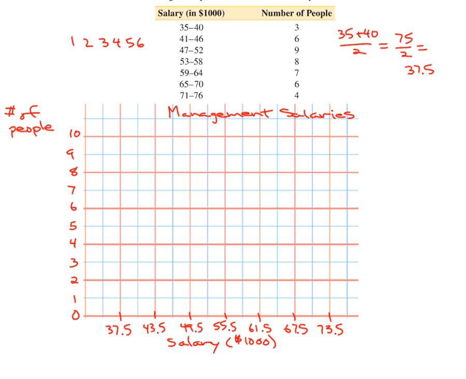Now we're going to construct bars above each of these class marks that are centered around the class marks. The first bar will start here, and we know there are 3 people in that interval. So here's a bar I've constructed that has the class mark right in the middle, 3 units tall.